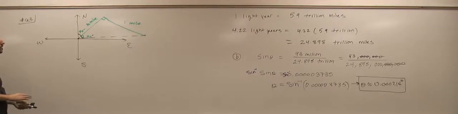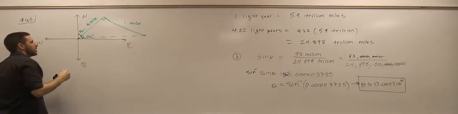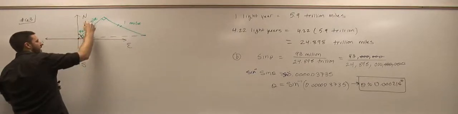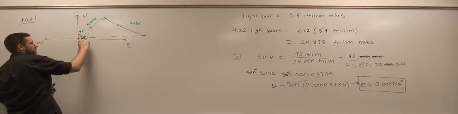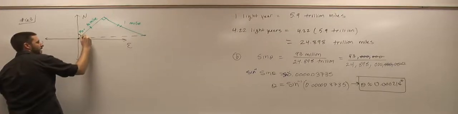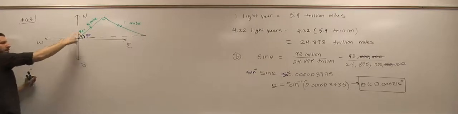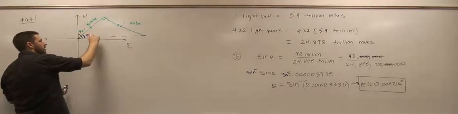So, what can I do? I have a right triangle, and I know this side length, and I know this side length. This whole thing's 50, but that's not so useful, so let me erase it. If I can find this angle in my triangle, then I can add that to 40 and I will have my bearing. So I'm going to focus on this angle.